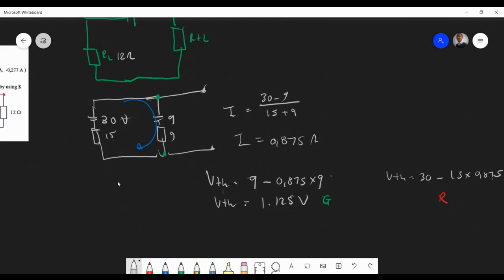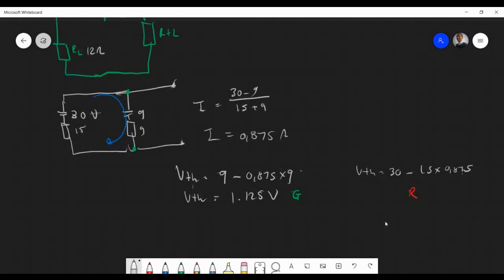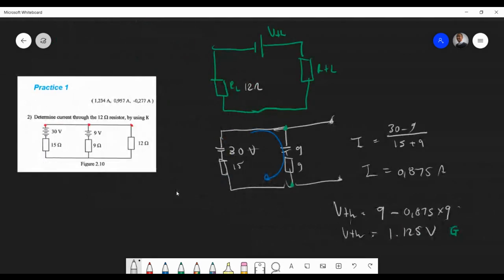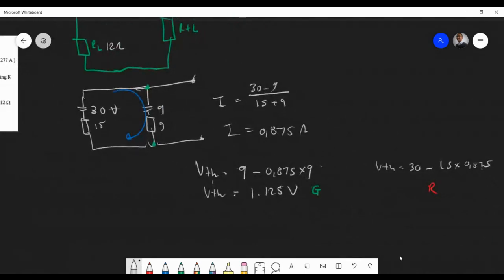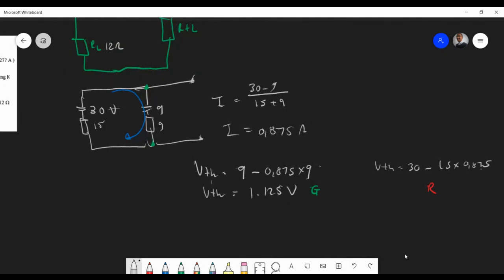And for the second it's 30 minus current times resistance. I should get the same voltage, because it's the same voltage. I'm not sure what I did wrong here. Is it 30 volts? Yeah, it looks right. I wonder if, oh wait.